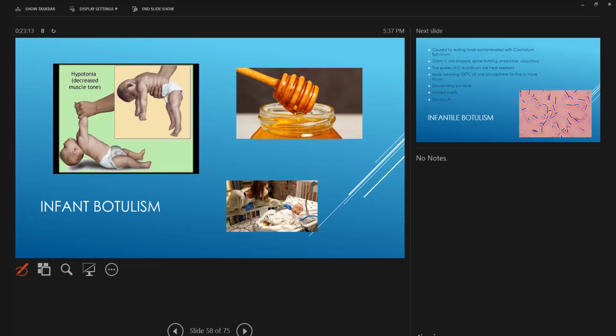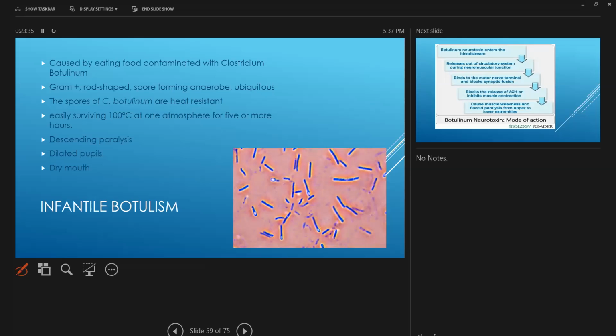Infant botulism, this is another neurologic problem that we want to be aware of for infants. This is also why we do not give infants under the age of 1 honey, as botulism has been found in these food sources, and so we try to keep those away from infants under the age of 1.